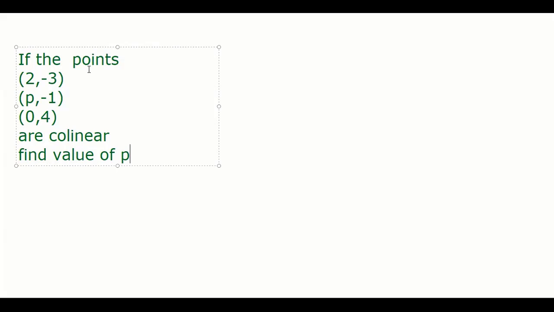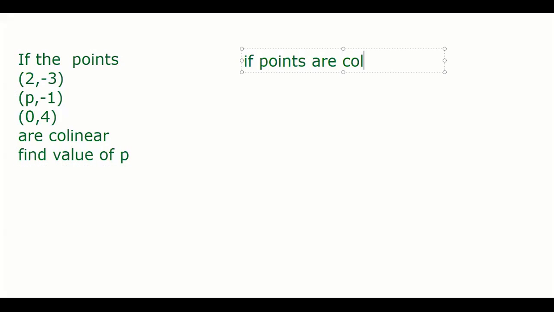We will take the area of the triangle. Perfectly right. Simple rule is, if points are collinear, then the area of the so-called triangle has to be 0.